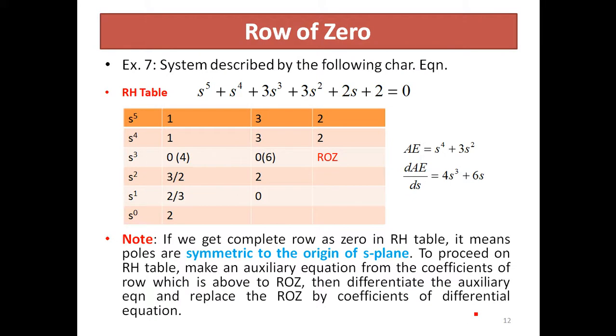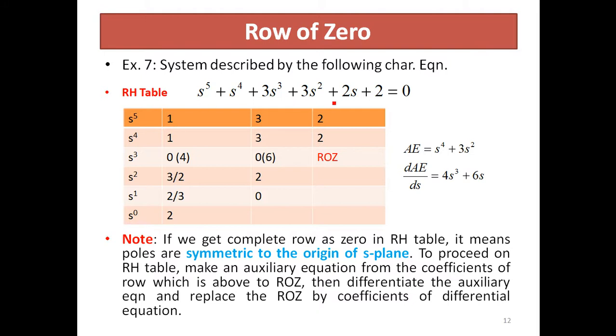In the next example, we are again considering the case of ROZ. This is another special condition, where we consider an example which produces all elements of a row as 0.